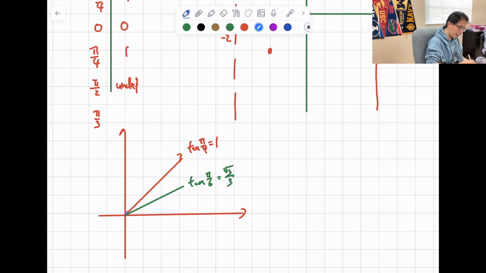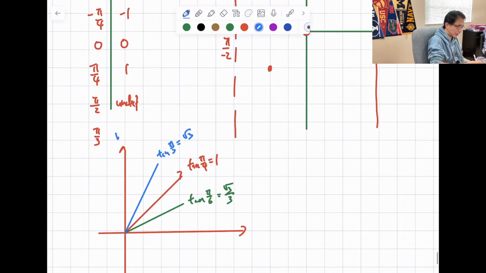And tangent of pi over 3 is always square root 3. So anytime you have pi over 6, it's going to be square root 3 over 3. Anytime you have pi over 3, it's always square root 3. So square root 3 is right here, and negative pi over 3 is going to be negative square root 3.